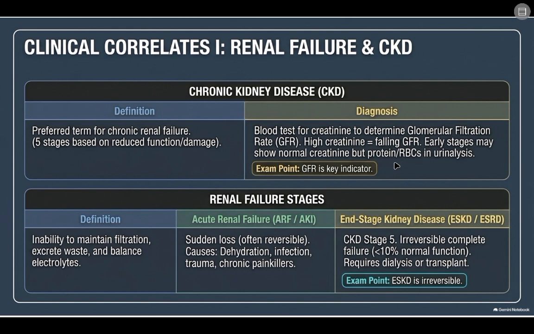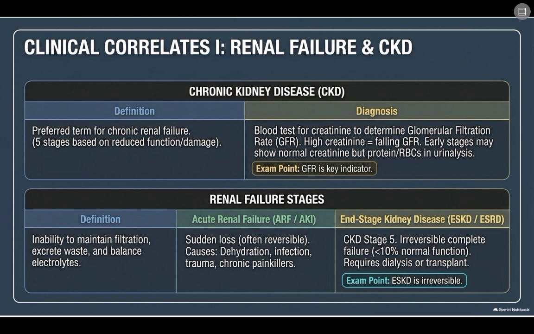The major thing is whenever we have high creatinine in the blood, we term it chronic kidney disease. Now what is creatinine? Creatinine is a metabolic waste product usually derived from amino acids. Just have it in mind, they are waste products which are excreted together with the urine.